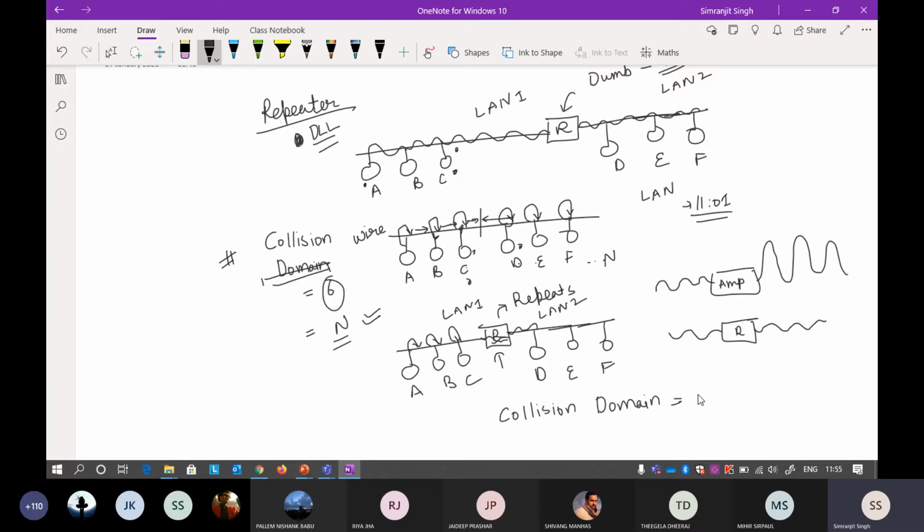Keep in mind that if you are communicating on a wire, the collision domain is n. With the introduction of a repeater, the collision domain does not change.